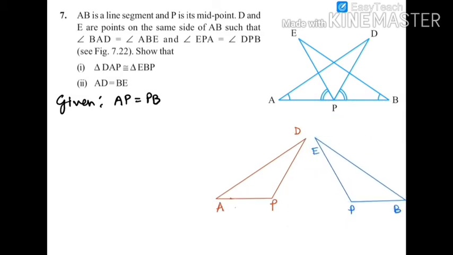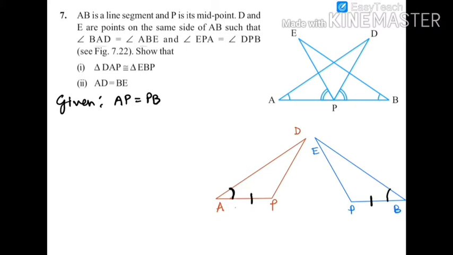Let's mark the angles that are given equal. Angle A of the red triangle is equal to angle B of the blue triangle, and we have AP equal to BP. So we have two parts of these two triangles equal. Now we need to just find one more part in these two triangles equal, and then we can apply a suitable criteria to show these triangles congruent.